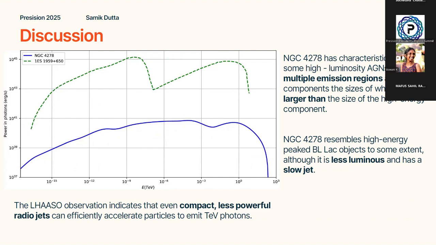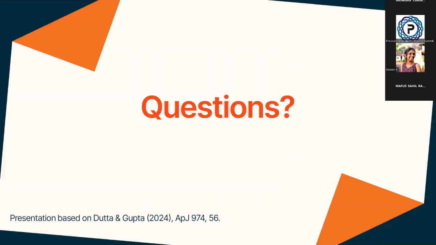Another entity they share is that the sizes of the radio emitting regions are much larger than the high energy component. And also what we have shown through our work is that the population of electrons responsible for the high energy emission is different from that responsible for the radio emission. And what this indicates is that even compact, less powerful radio jets can efficiently accelerate particles to emit TeV gamma rays. Thank you.